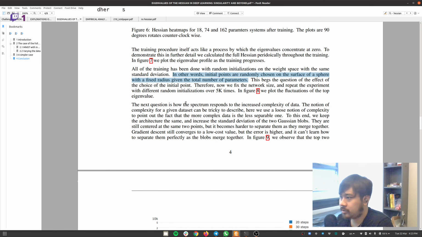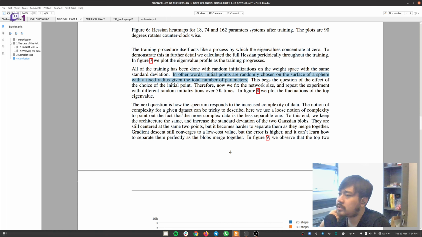The next question is how the spectrum responds to increased complexity of data. Actually, in this whole paper, I did experiments very similar to this to try to understand what is happening: trying to make the data complex, non-linear, separable, non-separable, multiple classes, out of distribution, all that kind of stuff.